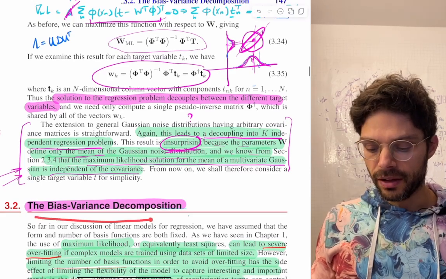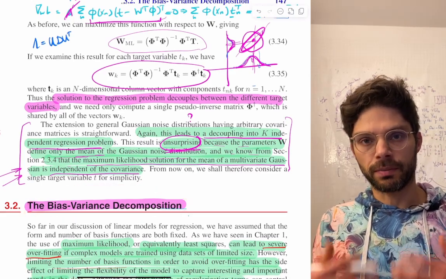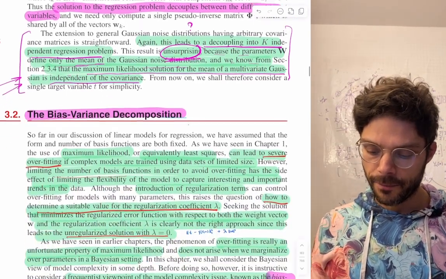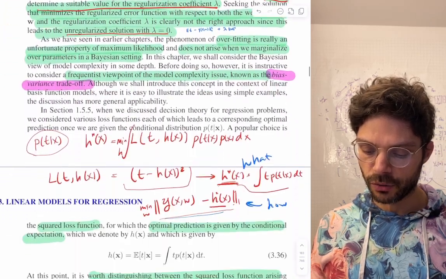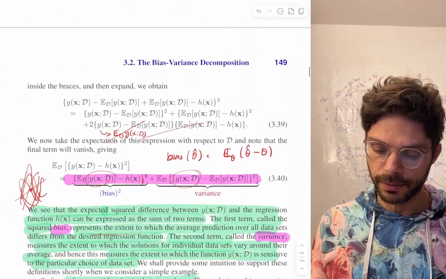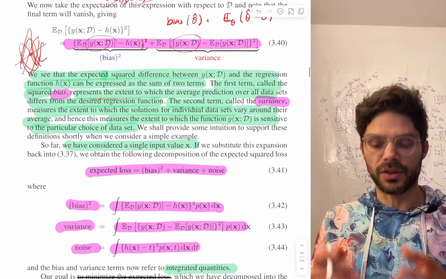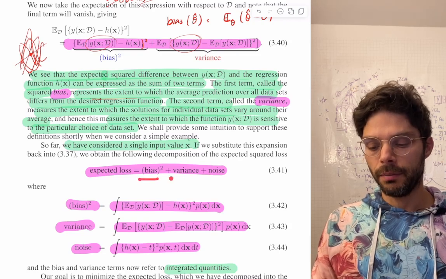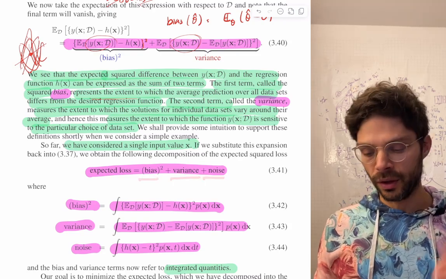Section 2 was about the bias-variance decomposition, which is a frequentist approach to model complexity and how to control it. The main lesson of this section was that we can describe the expected loss of an estimator as being composed of its squared bias plus its variance plus some irreducible noise term.